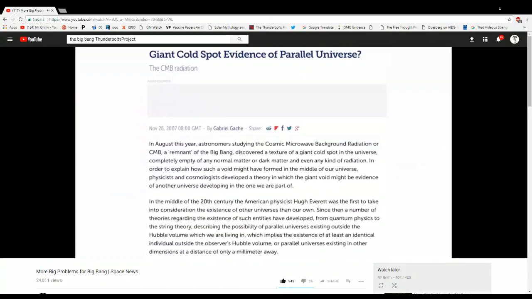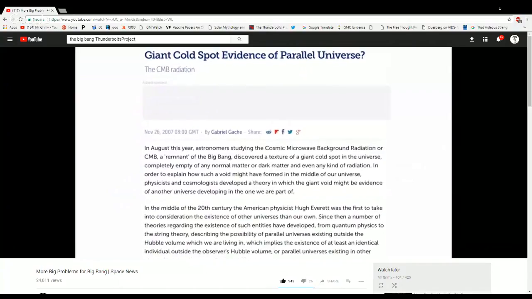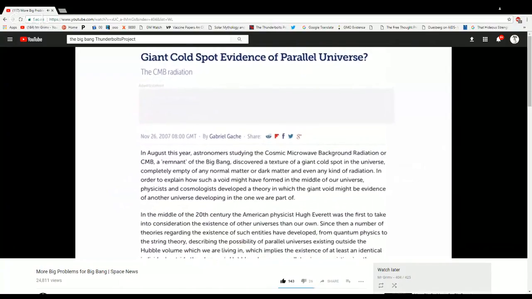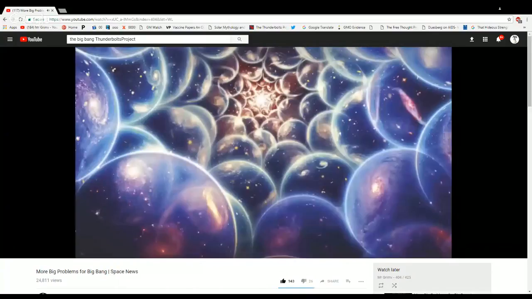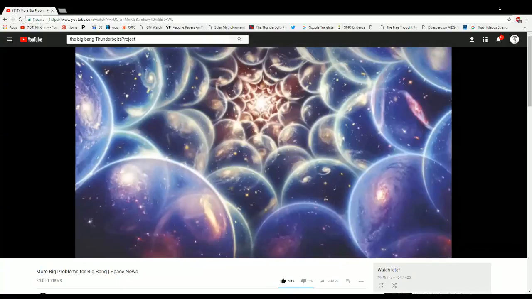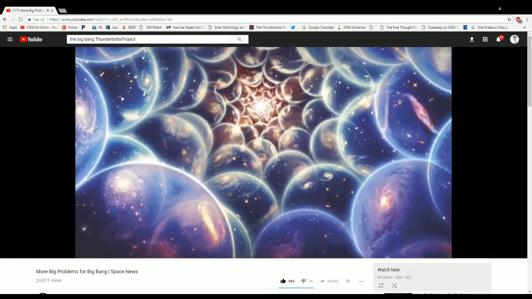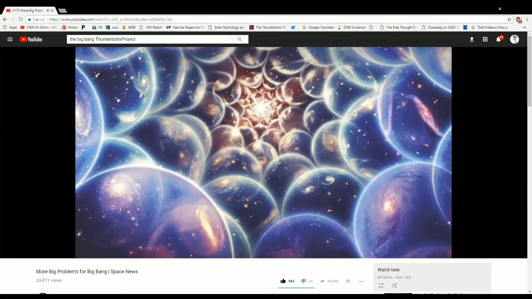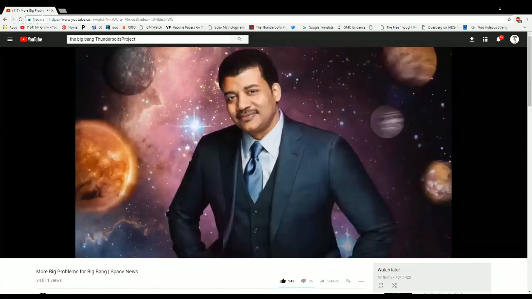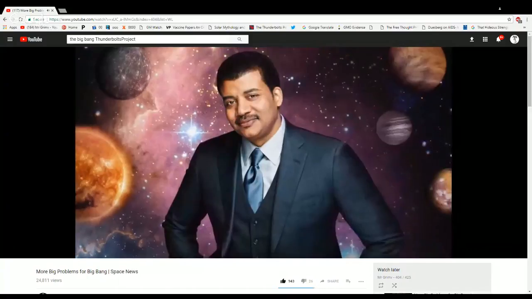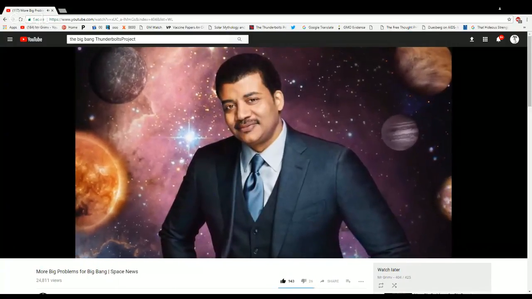In recent years, some scientists have offered the incredible speculation that such a void is actually the imprint of a parallel universe. In fact, the concept of parallel universes, or the multiverse, is a theory championed by the aforementioned Stephen Hawking, as well as Brian Greene, Michio Kaku, and the current host of the television show Cosmos, Neil deGrasse Tyson.